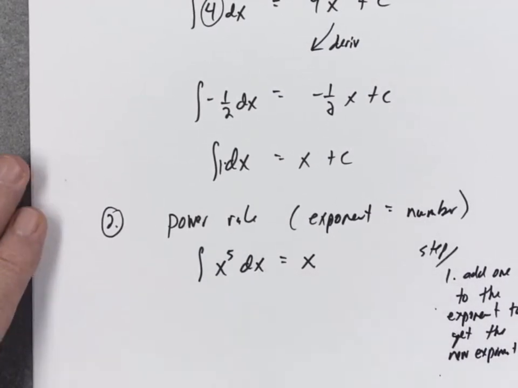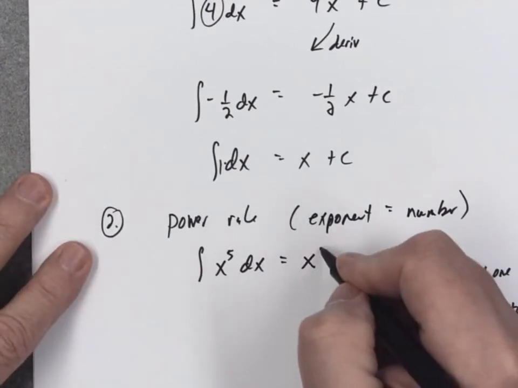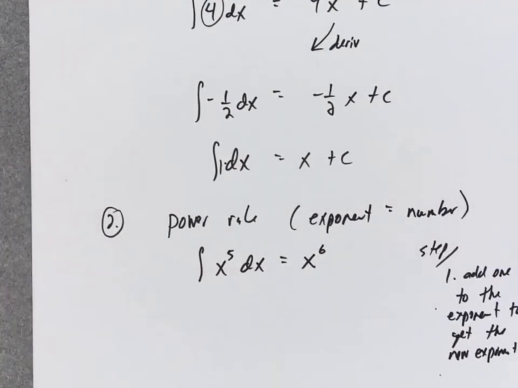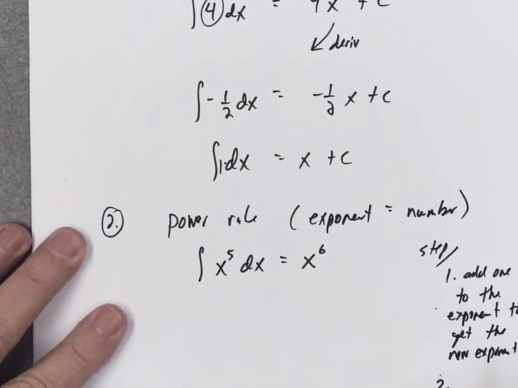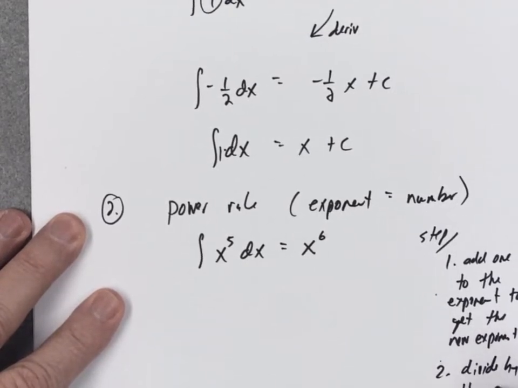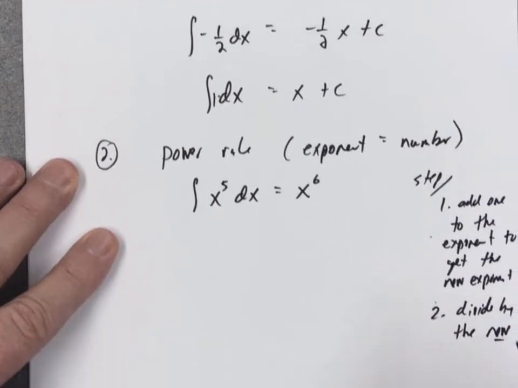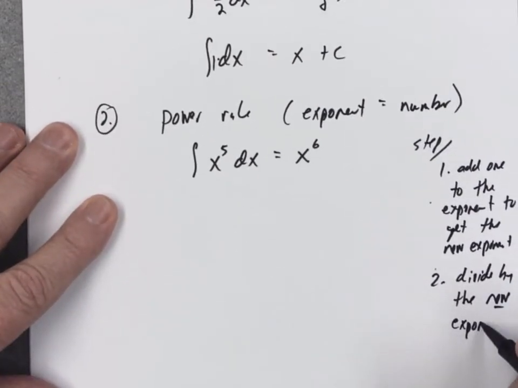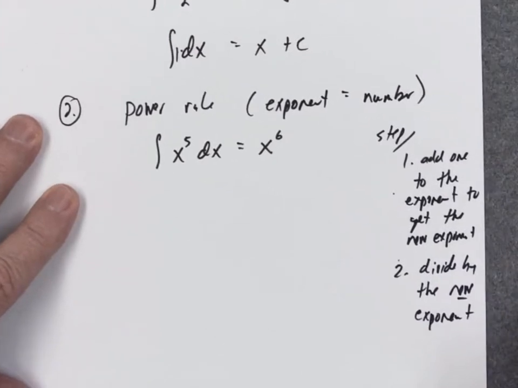So you take your original exponent and you add 1 to it to get the new exponent. Very straightforward. And there's one more step. Divide by the new exponent.